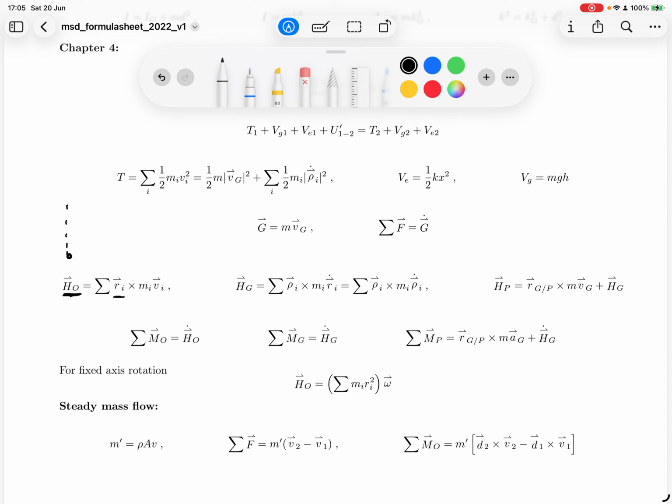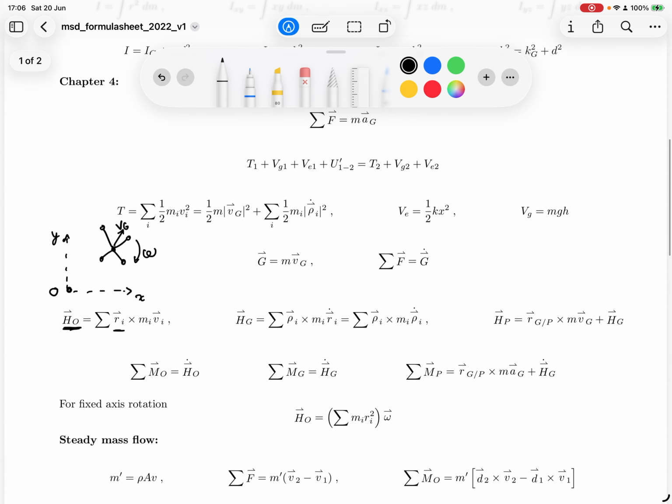So let's say that we had a fixed point O, and this was our origin. So we have x, y, and we have something like this, right? And let's say this thing is rotating, and it's also translating with the velocity Vg, right?